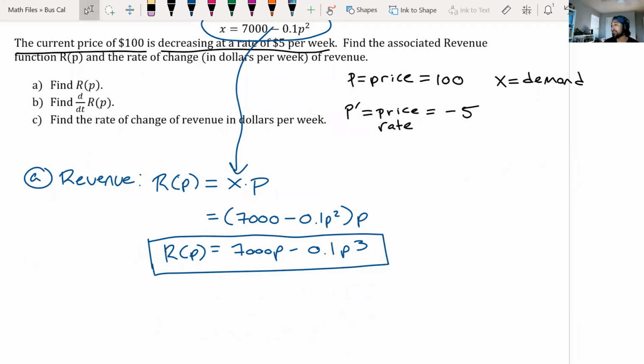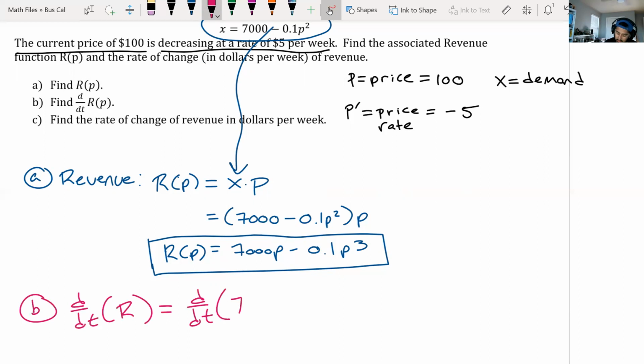Okay, which means if we have the revenue, we can find the implicit derivative of the revenue function, which is what B wants. So for B, we're going to say d over dt of R, because we know it's our revenue function. d over dt of R is equal to d over dt of 7,000 P minus 0.1 P cubed.